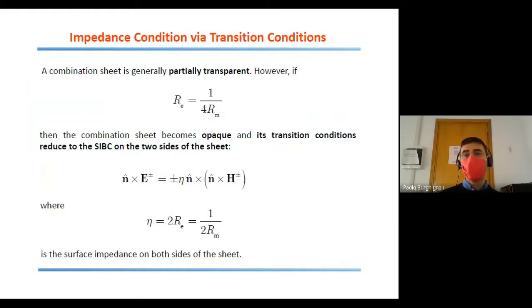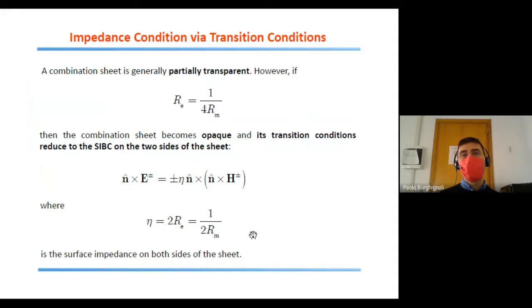And this is the form of this boundary condition where the equivalent surface impedance is given by twice Re or the reciprocal of twice Rm.